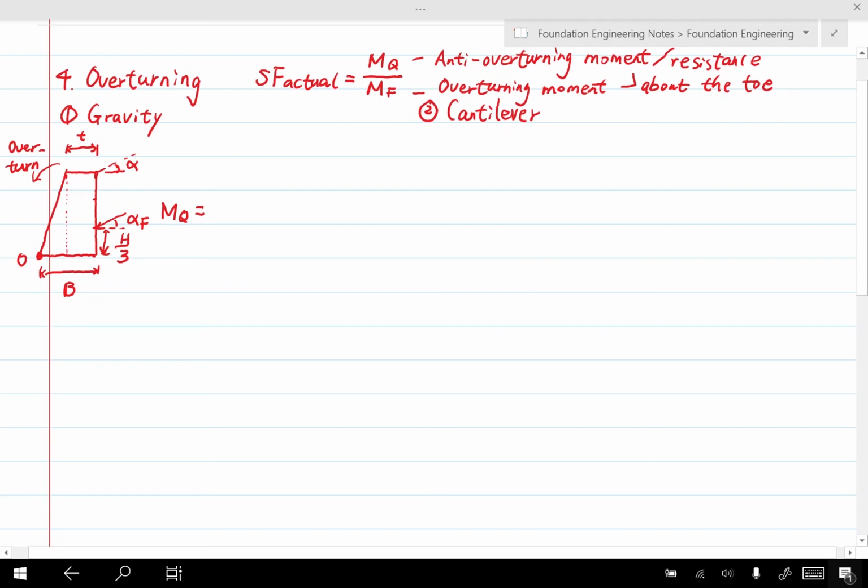So in this case, the back is vertical. We only have two. One is triangle, one is rectangle. For the rectangle, the centroid is right at the center. So let's call this one 2, so it's W2. And the triangle is 1, so it's going to be W1. That's the weight of region 1 and the weight of region 2. We have FA.